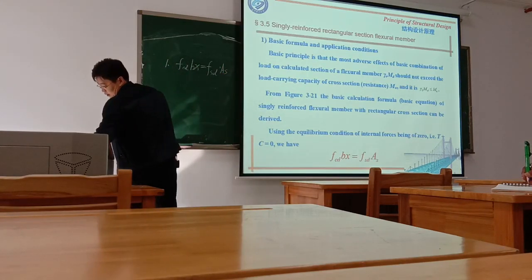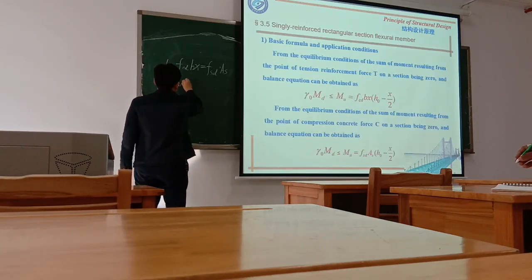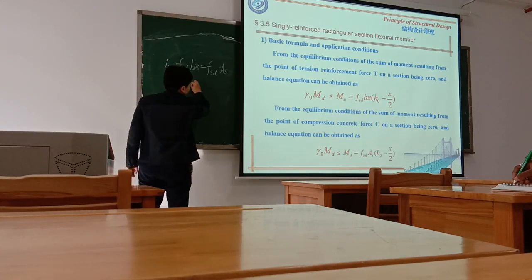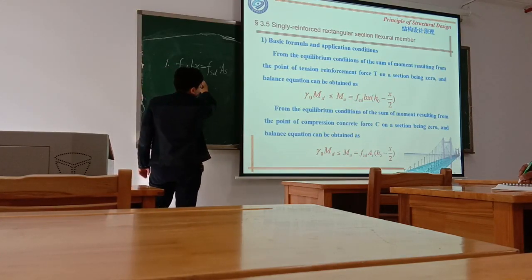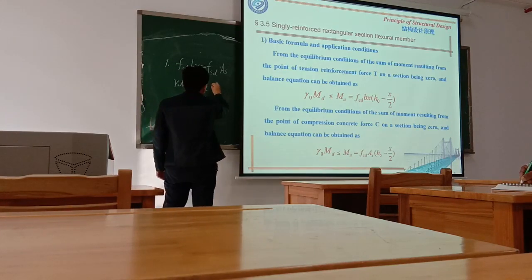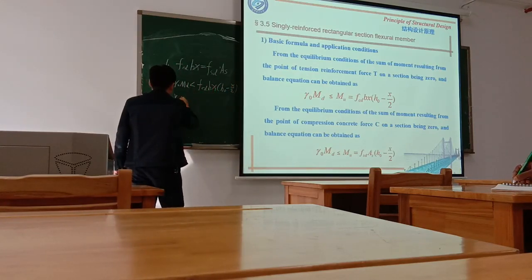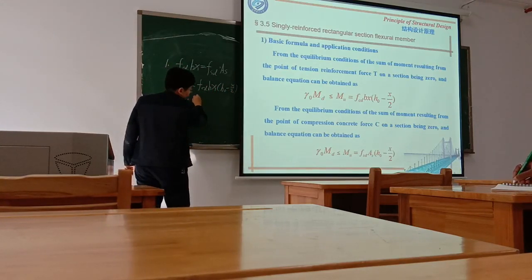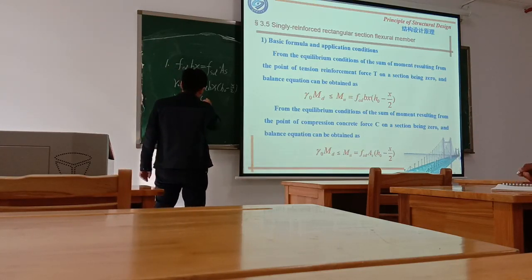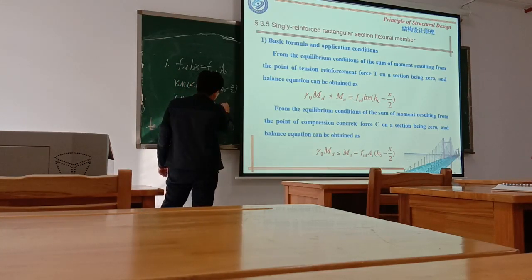The second one: gamma 0 Md is smaller than fcd b x (h0 minus half x), or Mu. And the third one: gamma 0 Md is smaller than fsd As (h0 minus x).